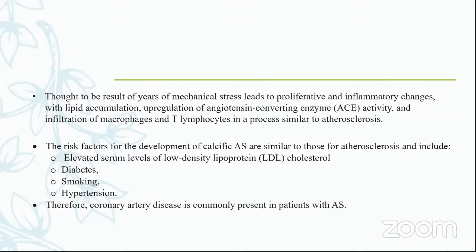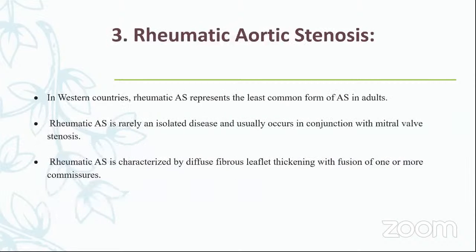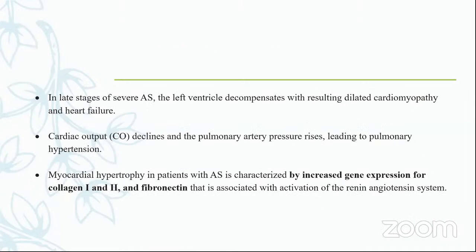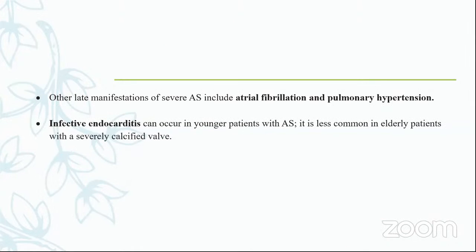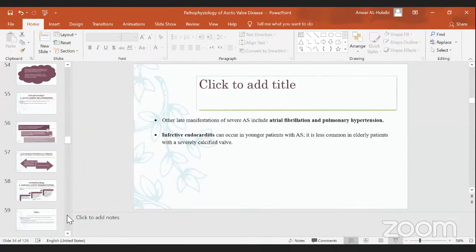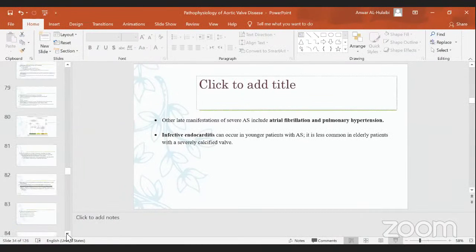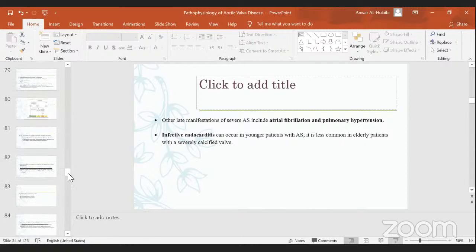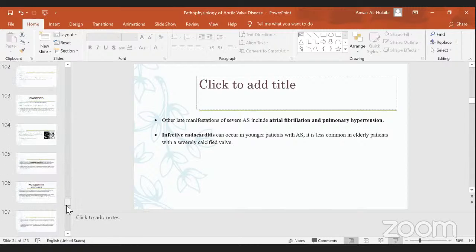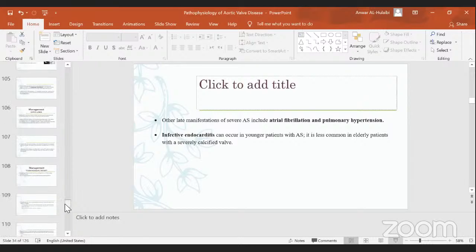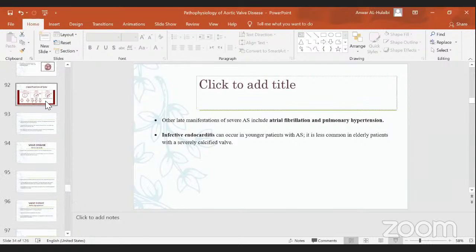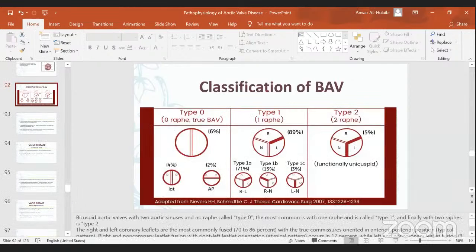For bicuspid aortic valve, the Sievers classification that you put in, you can put that please on the screen. So who can tell me what the classification of bicuspid aortic valve is? Khalas, we put it in.